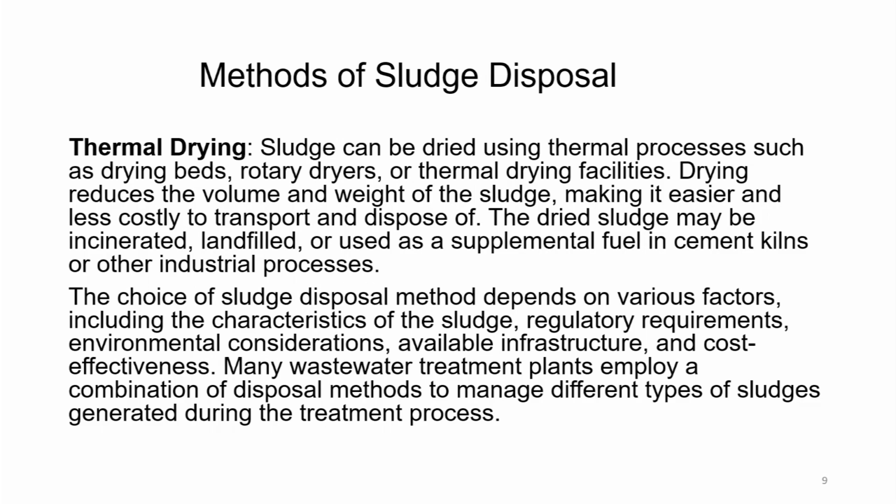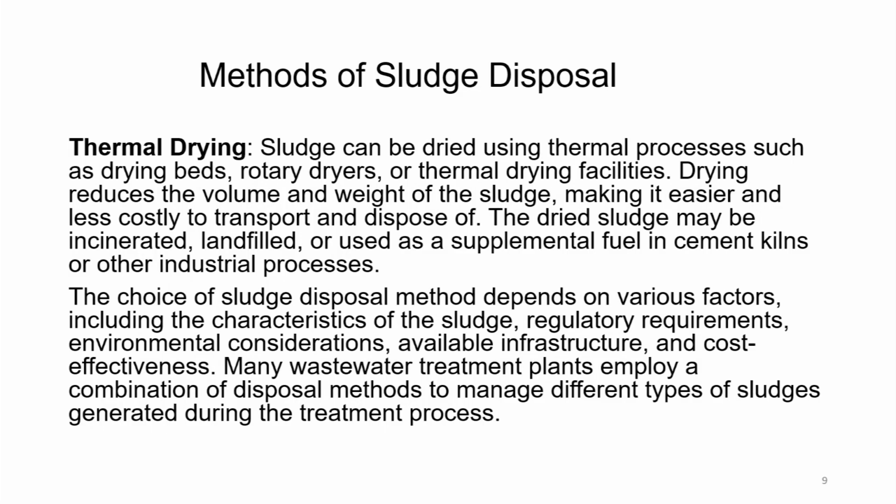So, thermal drying. Sludge can be dried under thermal processes such as drying beds, rotary dryers, or thermal drying facilities. Drying reduces the volume and weight of the sludge, making it easier and less costly to transport and dispose of.